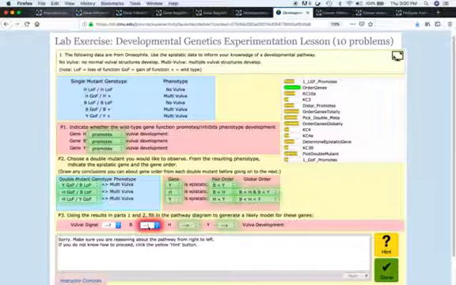This different type of link means that, for example, B inhibits the next signal in the pathway, that it turns it off.